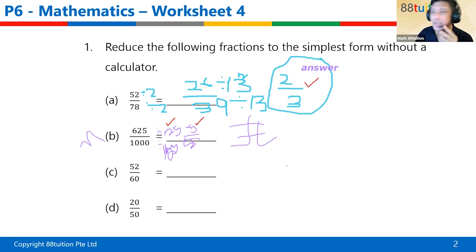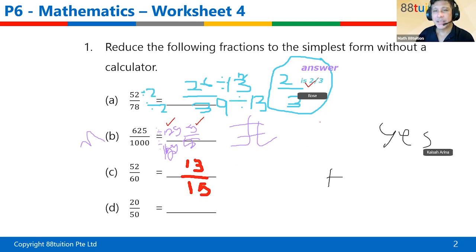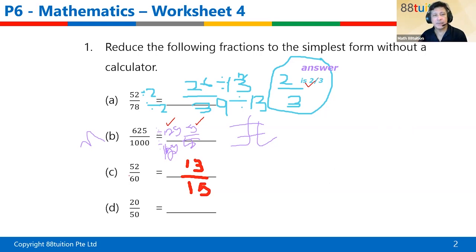What happened to Samilta? Samilta, you wanted to do C for us and let's see. Oh, hi, Kaiser. Kaiser, you want to do D? Okay, great. So what we see for Samilta is this 52, I think, divided by 4. And then 60 also divided by 4. So you end up with 13 out of 15.